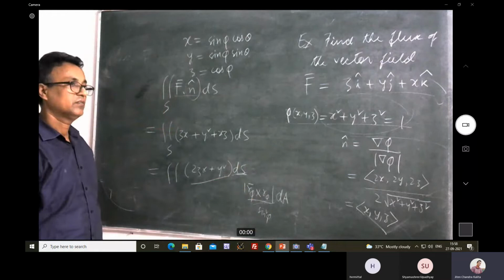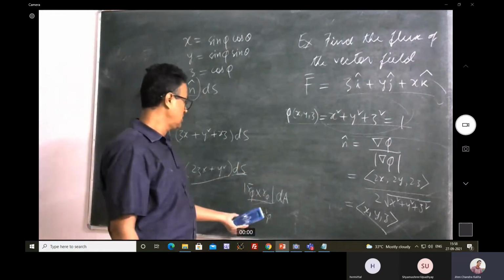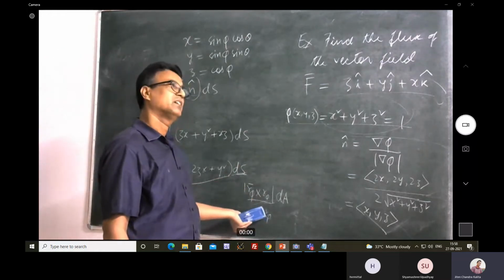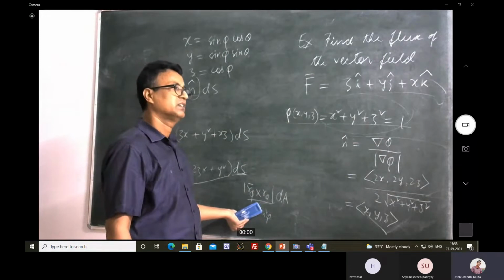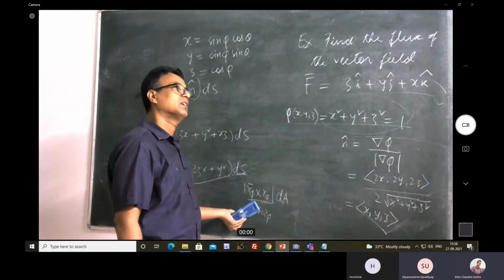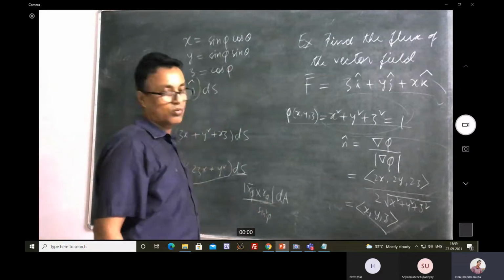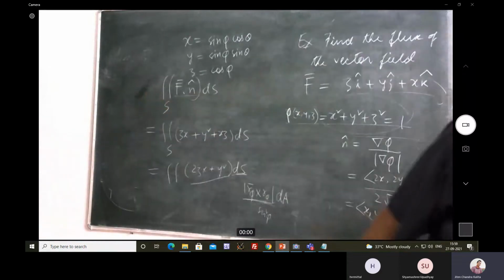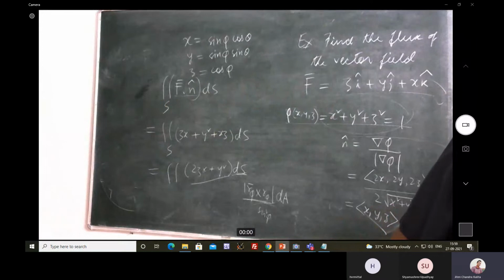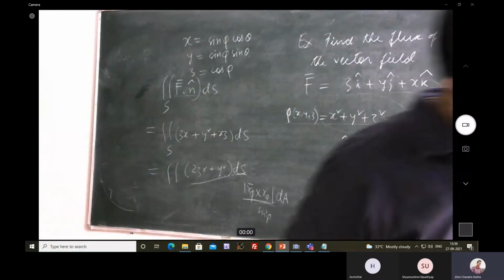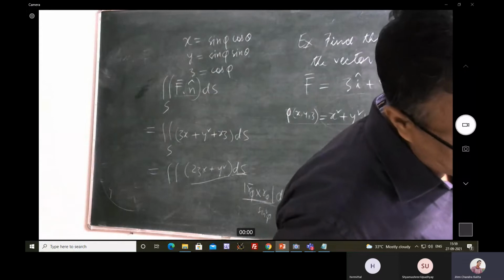Is it okay? Fine. So sine square phi or sine phi? Was it sine phi or sine square phi? I don't remember. But anyway, you can easily work it out. So you can do it through that also. So just let me try to do another interesting one.